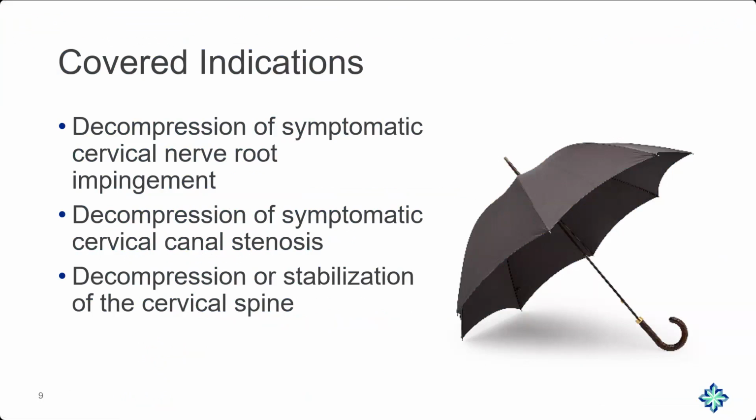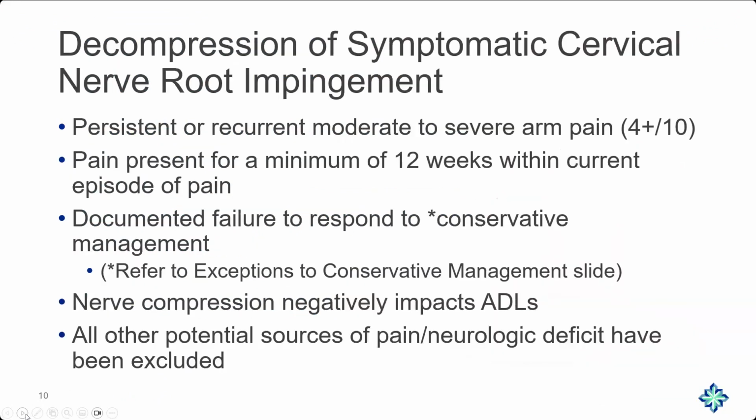Okay, so as we've gone back to the slide deck, I'm going to move on and talk about these coverage indications a little bit more. Let's start with the first indication, which is the decompression of the symptomatic cervical nerve root impingement. Cervical fusion under this category may be necessary when the patient has symptomatic nerve root impingement and all of the following are met.